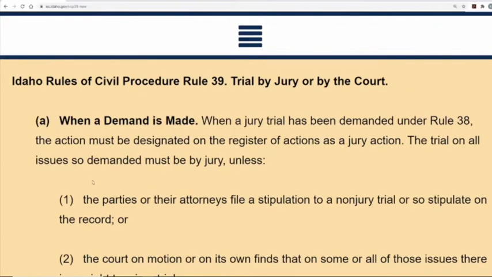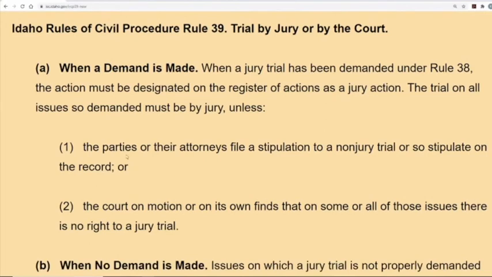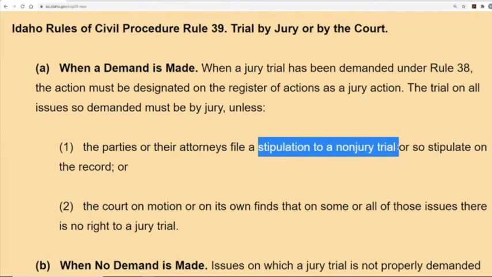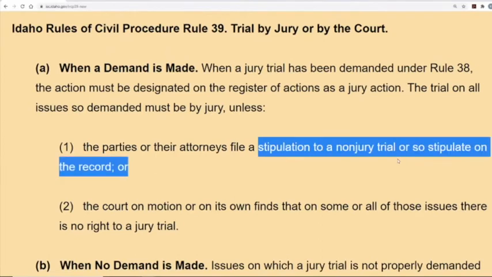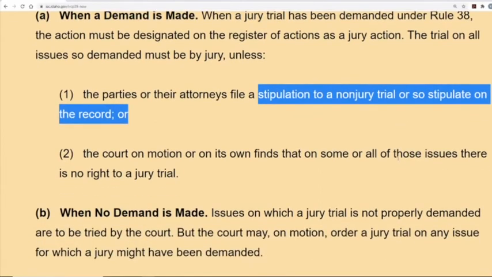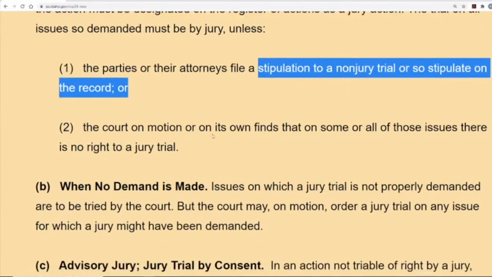The trial on all issues so demanded must be by jury, unless the parties or their attorneys file a stipulation to a non-jury trial or so stipulate on the record, or the court on motion or on its own finds that on some or all the issues there is no right to a jury trial. Now, when these jackwagons try to assert that power, well, no, that's not triable by a jury, I look forward to reading your findings of facts and conclusions of law on that.